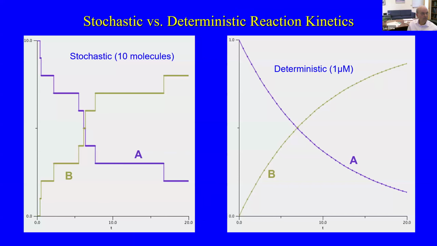So just to show you what that looks like in a little bit more detail, on the left is a solution for those 10 molecules that we originally discussed. A goes down sort of erratically.